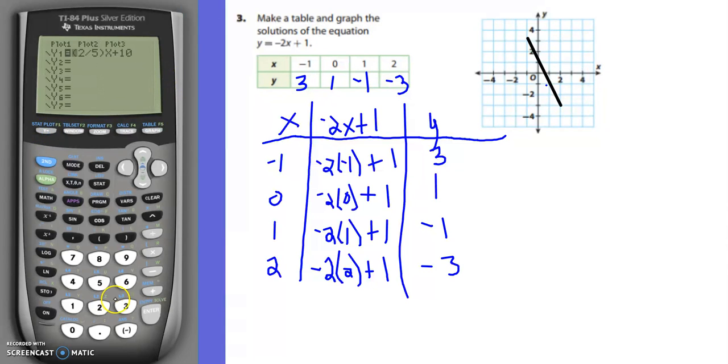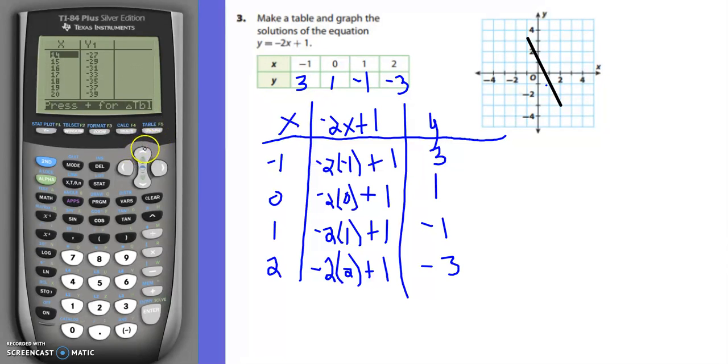We have negative 2x plus 1, and delete the rest of this. Okay, you can go to your table and check it out.